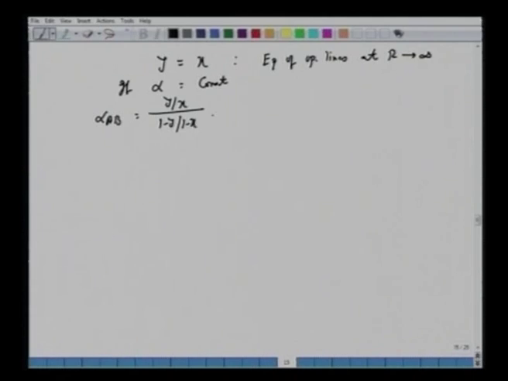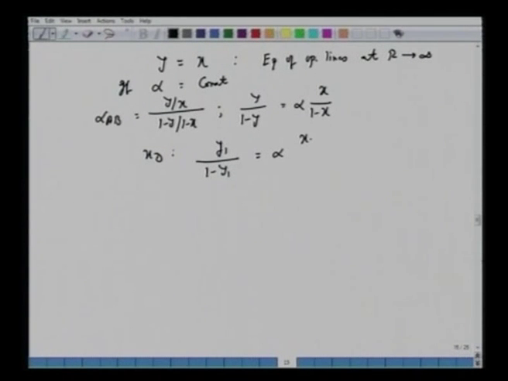So we can write y over 1 minus y as alpha times x over 1 minus x, and starting from x_t, one can start substituting in the equilibrium curve and the operating line, alpha.